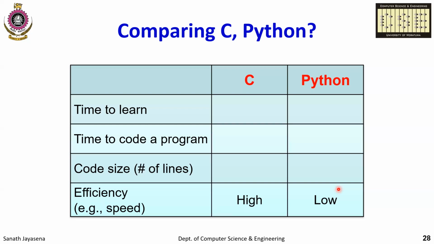And there are stricter rules about how to use various types of data and for various things, which means the programmer will follow those rules, and it makes it easy for a compiler to understand things, optimize things and make the machine code faster. So as a result, you get faster, more efficient code, which means for the same task, the C program, which we get compiled, will run faster almost always compared to a Python program.